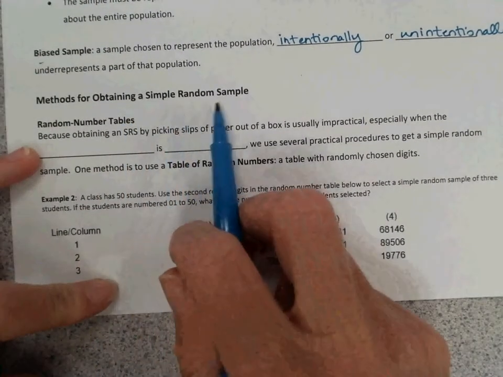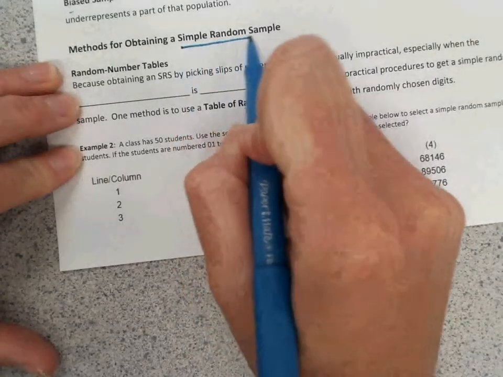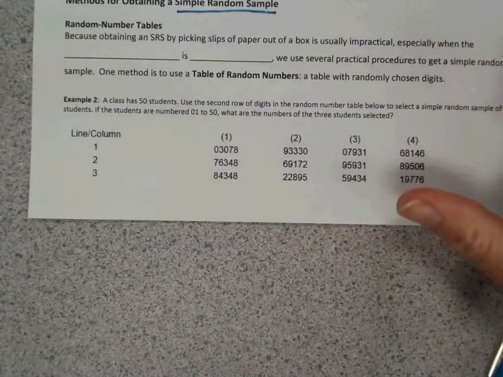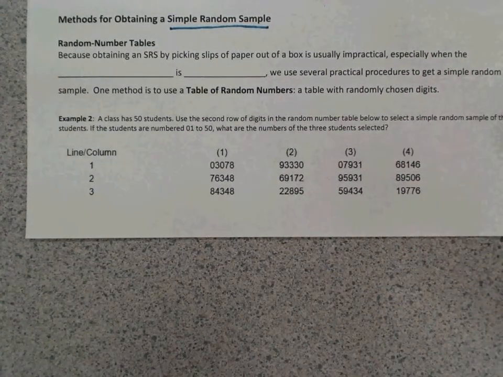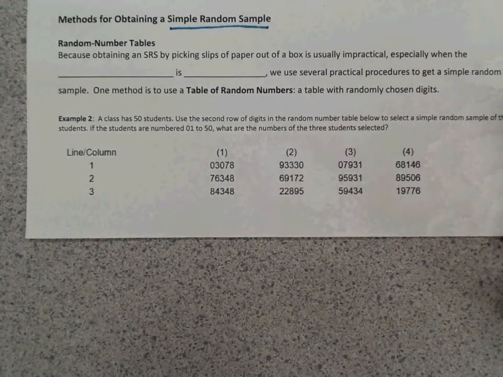Methods for obtaining a simple random sample. Again, there are a variety, like we talked about up above. And simple random sample, that is a type of sampling. In our next lesson, we'll talk about several different types of sampling. Simple random sampling is a common method used to collect a representative sample.